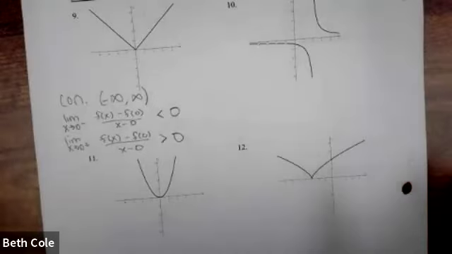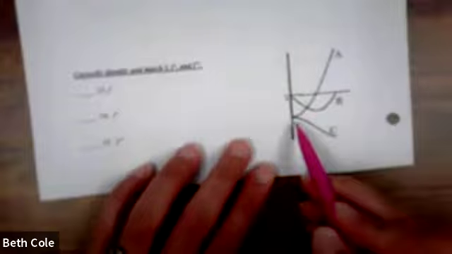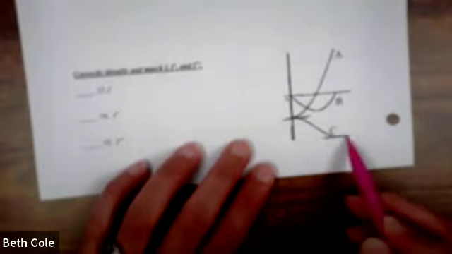Okay. So let's try and match up these 13, 14, 15 here. Basically, it's going to go from the most wiggly to the least wiggly. Every time you take a derivative, you go down a degree. So A, B, or C, which one has the most twists and turns in it, do you think? Do you see how C has a turn here and here?